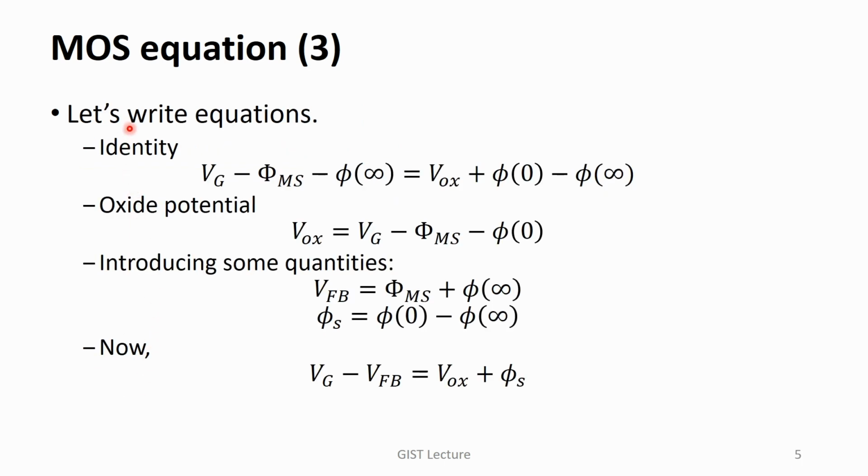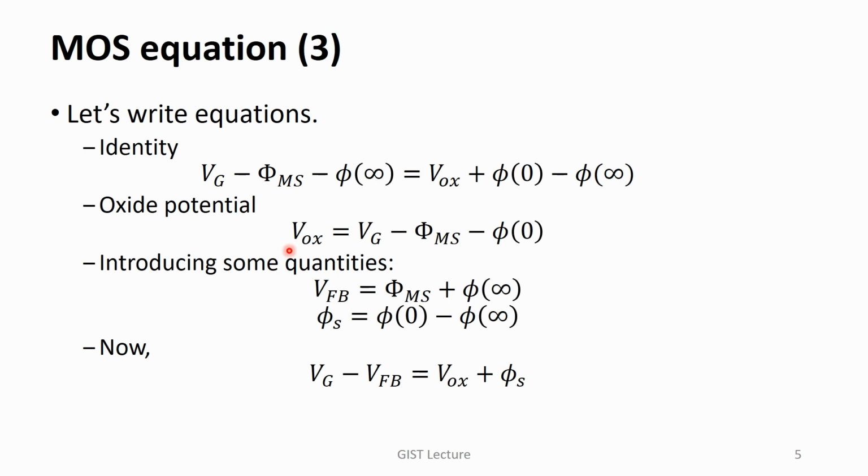Let's write equations. Using the symbols in the previous slide, the identity becomes this form. Here, oxide potential Vox represents the potential difference between the gate contact and the interface.